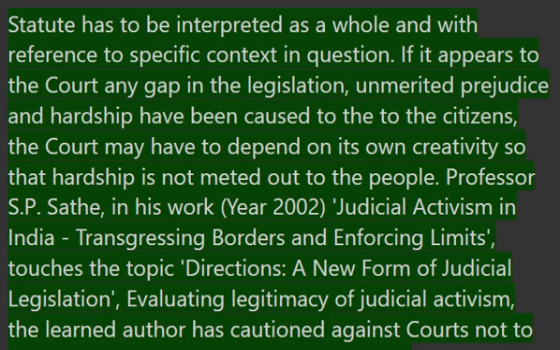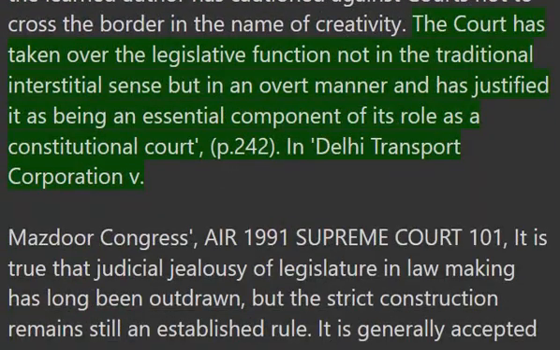The learned author has cautioned courts not to cross the border in the name of creativity. The court has taken over the legislative function not in the traditional interstitial sense but in an overt manner, and has justified it as being an essential component of its role as a constitutional court. P. 242.